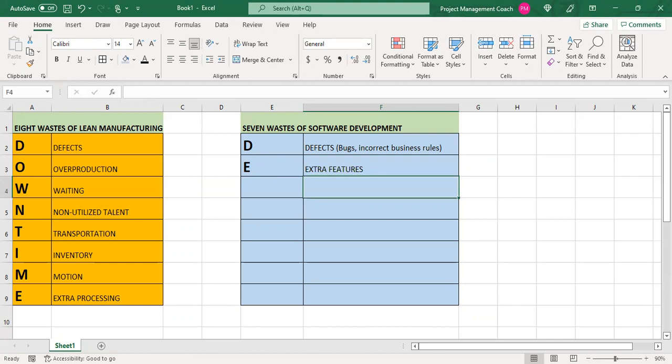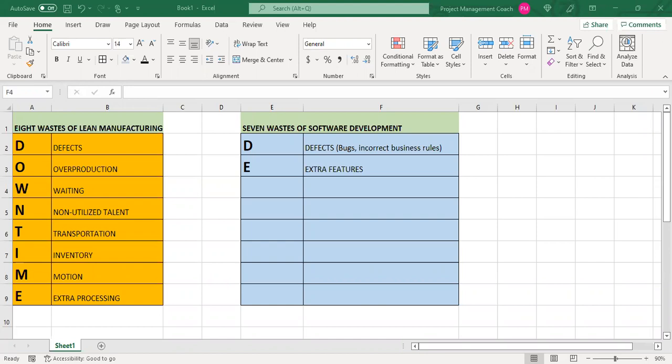So delivering things that are not needed, that's really what we mean by delivering extra features. You could say features that are not needed. In the world of traditional, we would say you gold-plated. Well, it's a form of waste as well, even in this world.